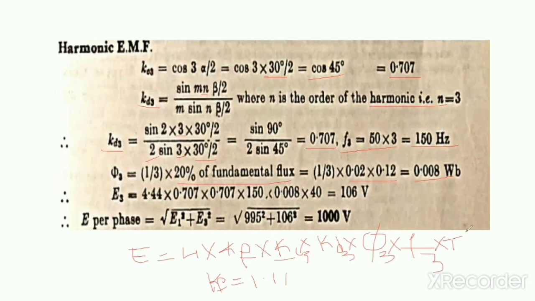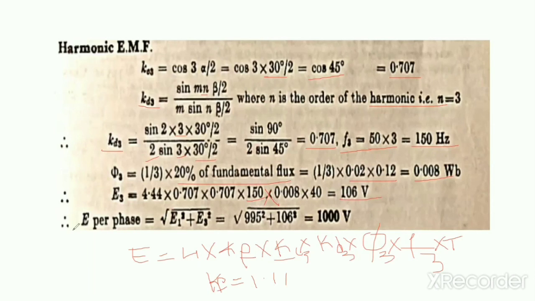Then all the values we substitute in this equation, that is 4 into 1.11 into 0.707, the Kc3 value, into Kd3, 0.707, into the frequency, that is equal to 150, and flux is equal to 0.08, into T is equal to 40. Then we obtain 106 volts.